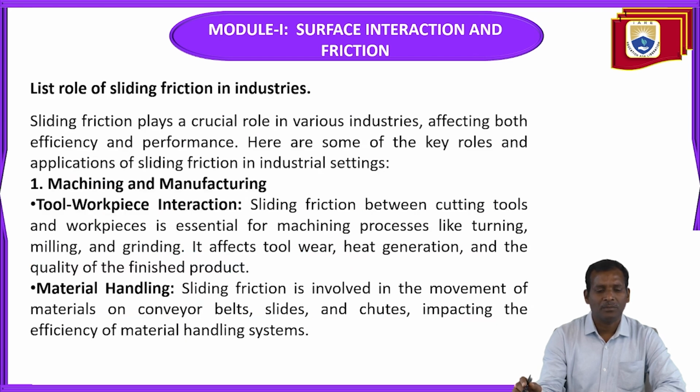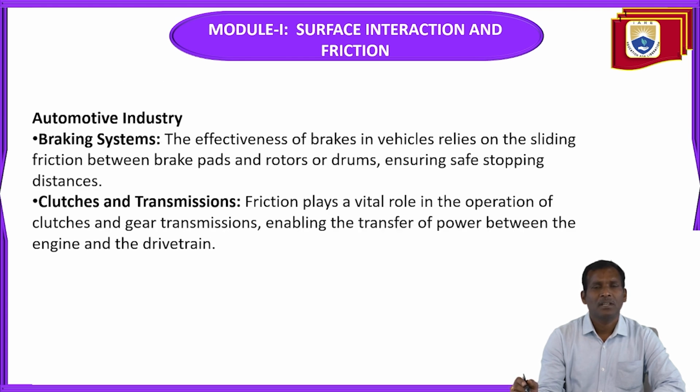Next, list the role of sliding friction in industries. So, what is the role of sliding friction in these industries? One is machining and manufacturing: it affects both efficiency and performance of the tool workpiece interaction. In the material handling sector, it impacts the efficiency of material handling systems. In the automotive industry, it affects braking systems, clutches and transmissions.